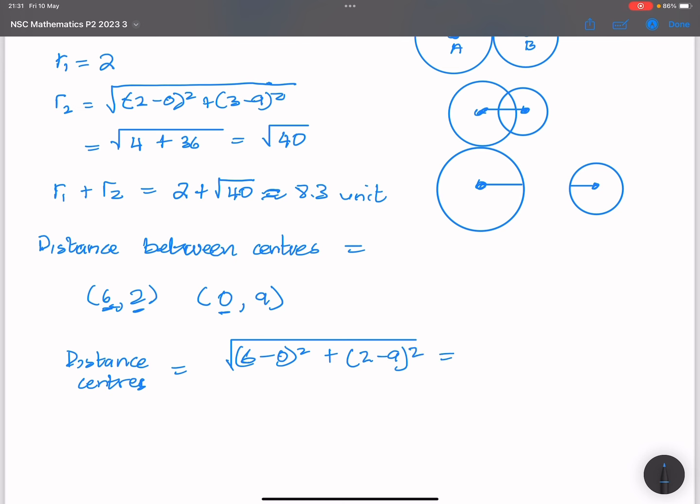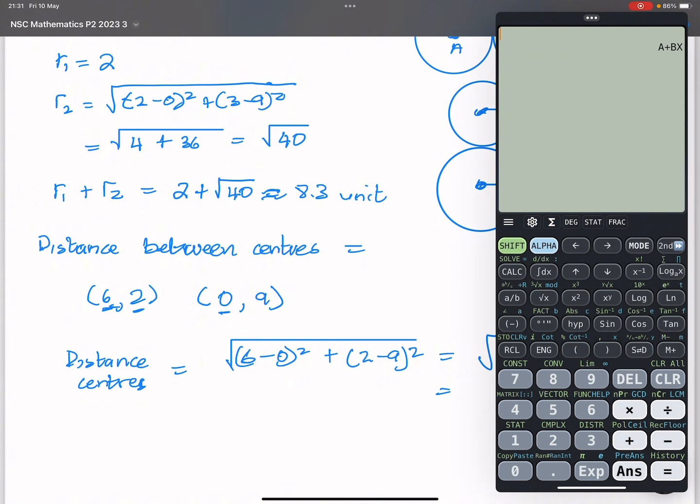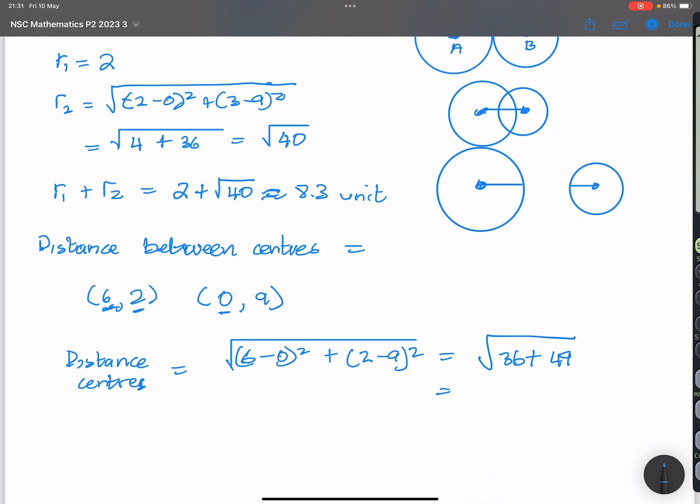So 6 minus 0 squared is 36, and 2 minus 9 gives us negative 7, and so that will be 49. So that will be the square root of 36 plus 49, and that gives us 9.2. Now, ladies and gents, this is approximately 9.2 units.